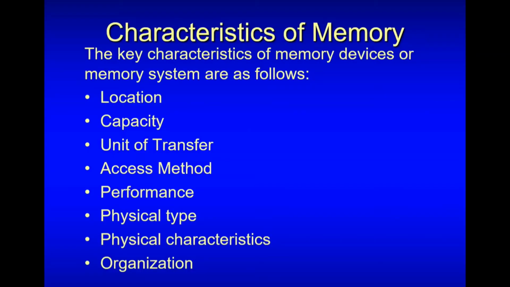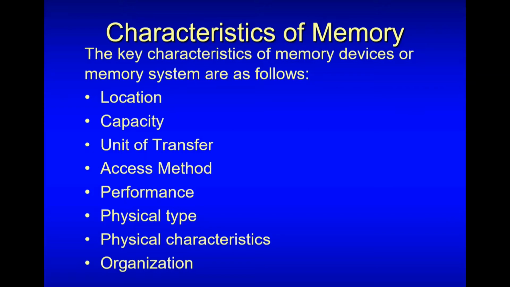Hello students, in this video we will try to cover a few more topics which are related to memory. The first topic is characteristics of memory. These are the few general points which we are going to discuss at length in the coming slides.